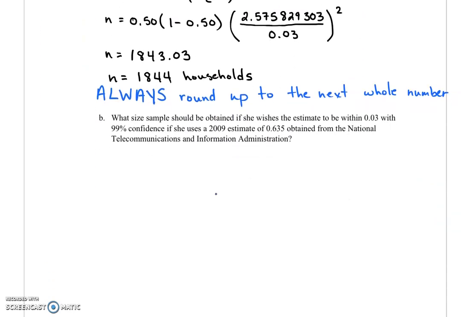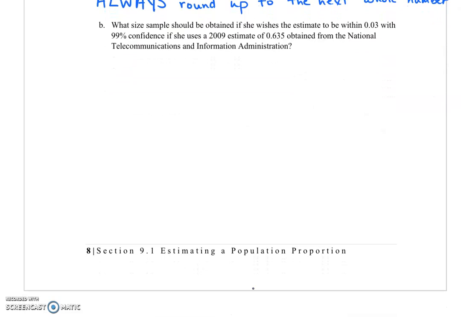Okay, let's try a second example. What sample size should be obtained? So this is the same setup as the previous problem. What sample size should be obtained if she wishes the estimate to be within 0.03 with 99% confidence if she uses a 2009 estimate of 0.635?